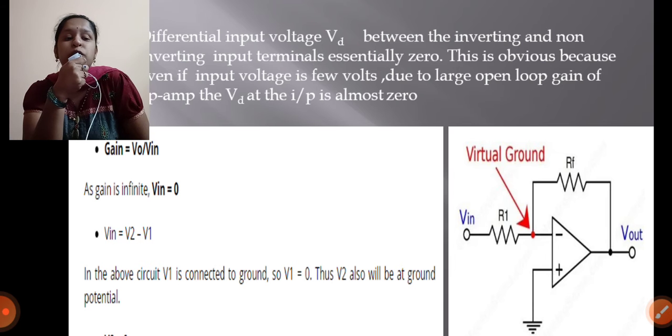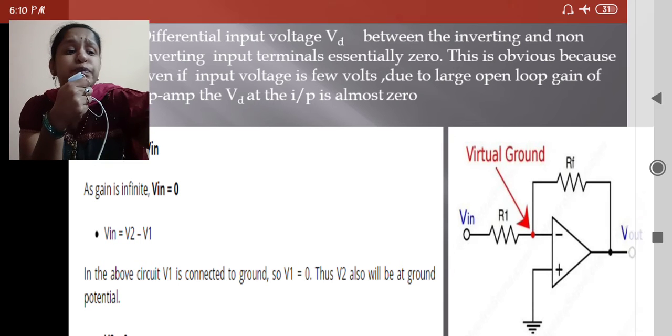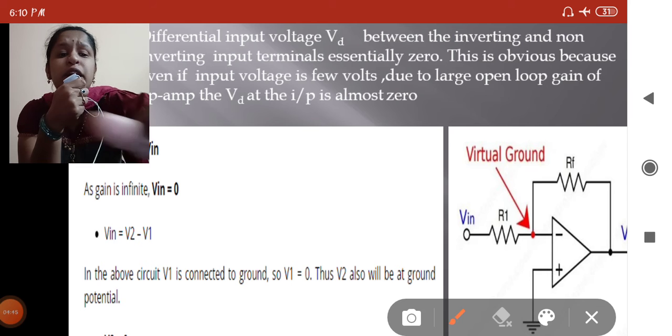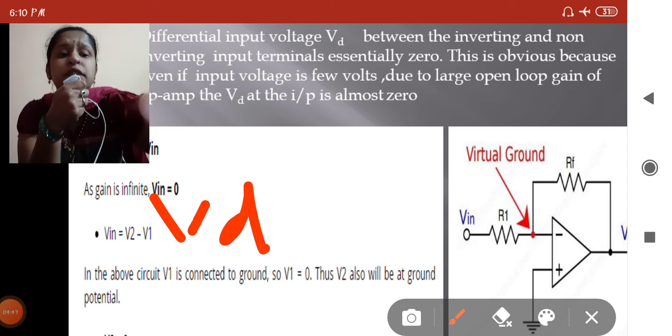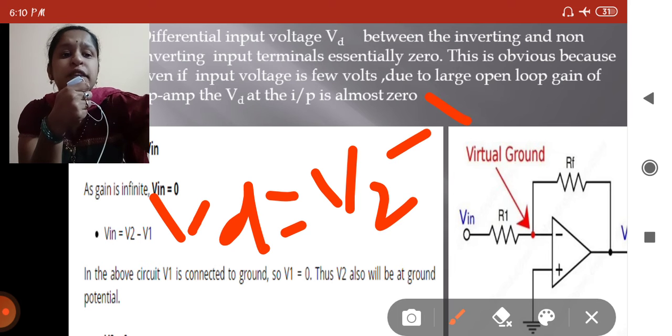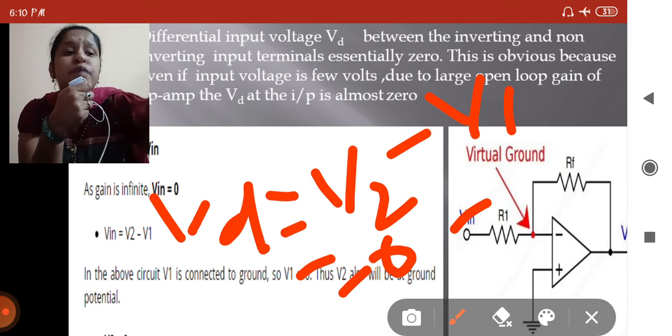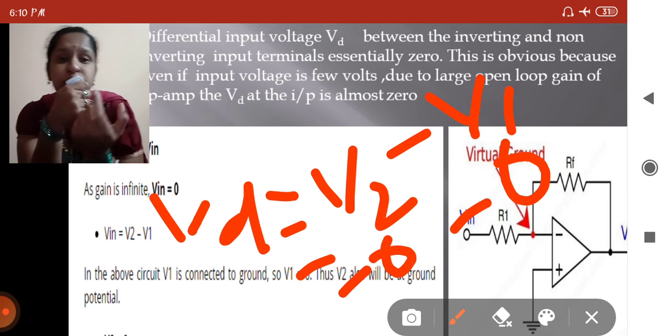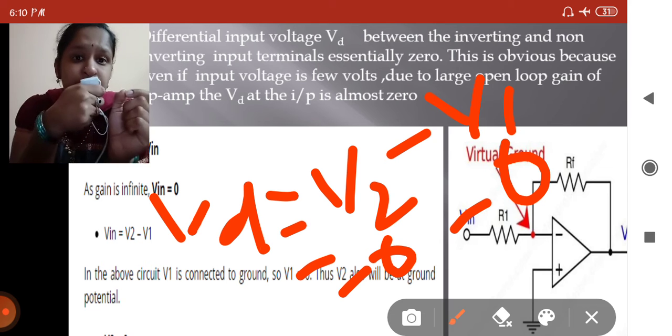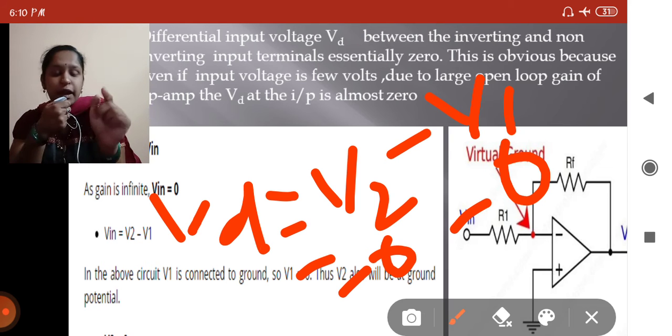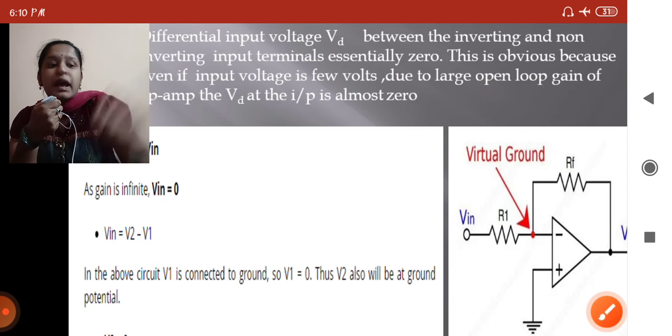The difference between the two input voltages, VD, is VD equals V2 minus V1. V2 is 0. Obviously Vin is also 0. There is no supply, they have not given any supply here.